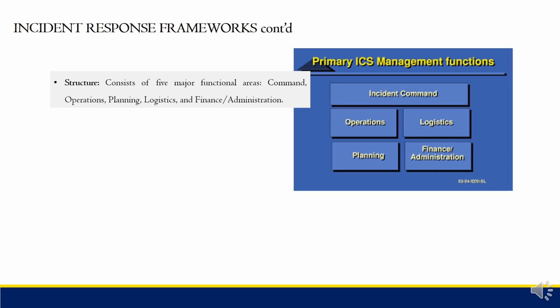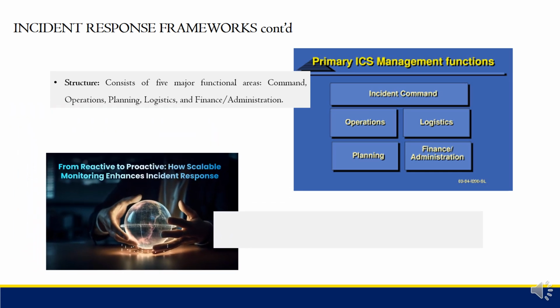Structure: it consists of 5 major functional areas: command, operations, planning, logistics, and finance/administration. Scalability. It can be scaled up or down depending on the size and complexity of the incident.